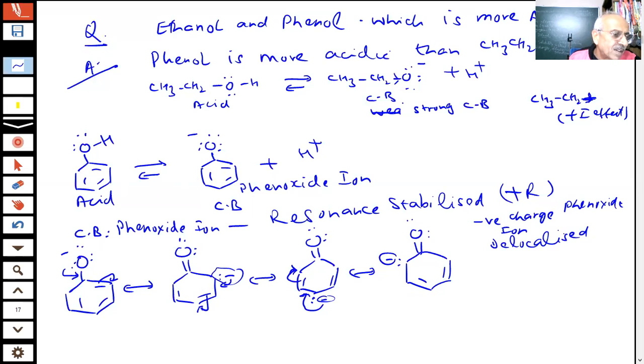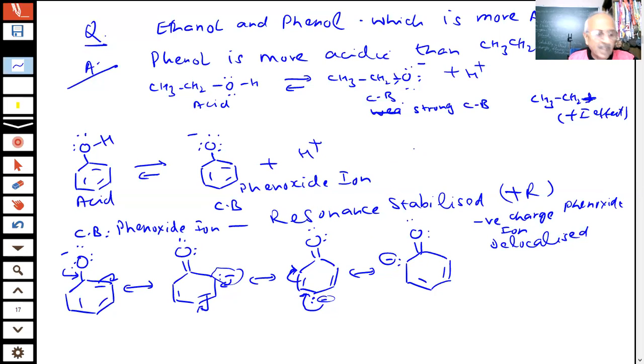What will be the result, student? This has become more stable. Thus the phenol is more acidic than ethyl alcohol. Phenol is more acidic than ethyl alcohol, student.